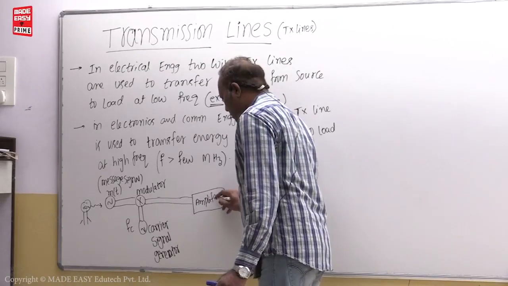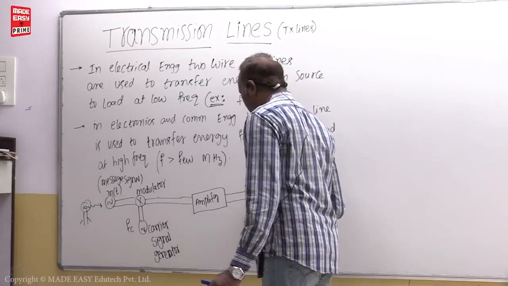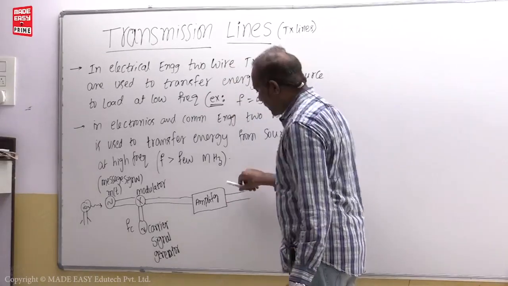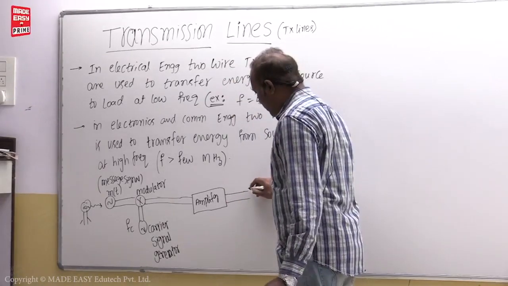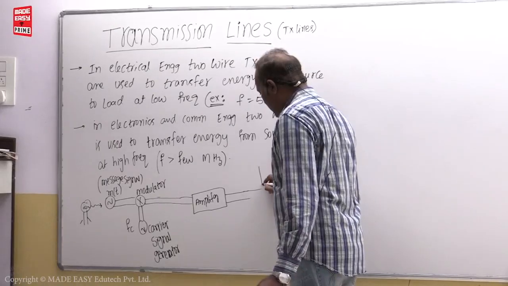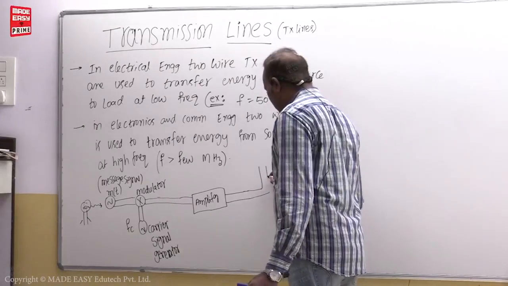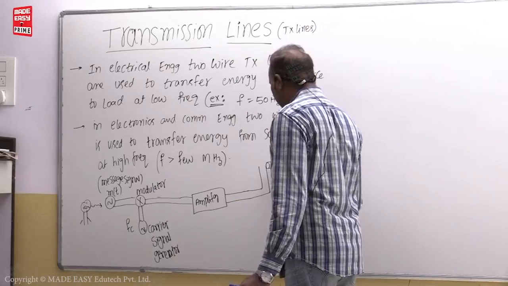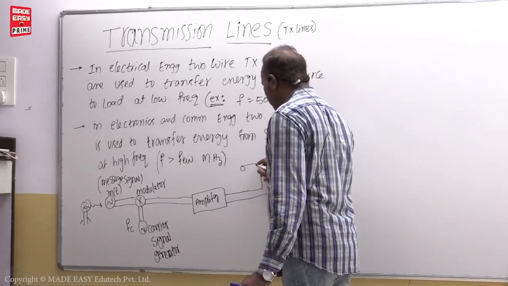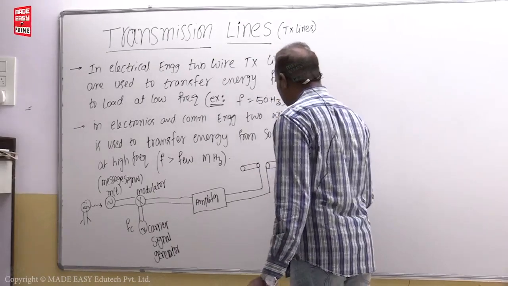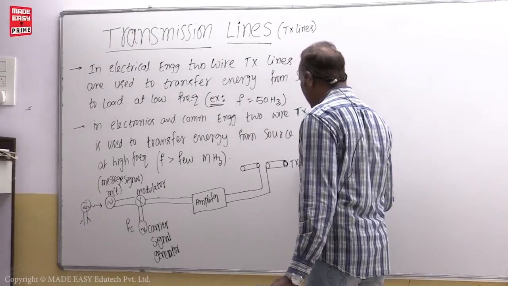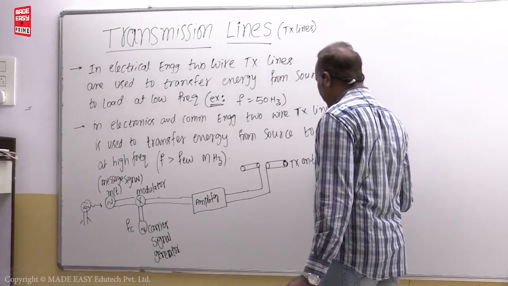Now again two-wire conductors are there, first conductor and second conductor. Here they are given to the antenna. This is, for example, the transmitting antenna.